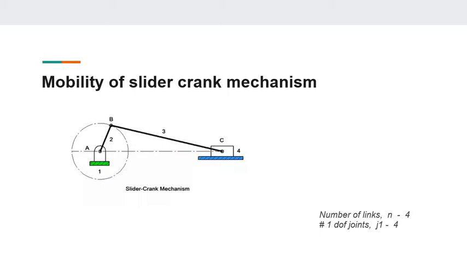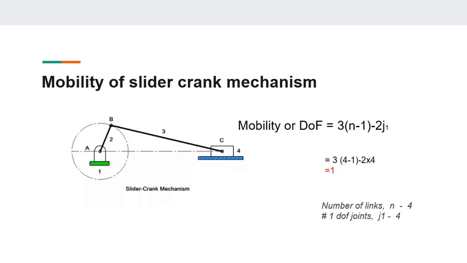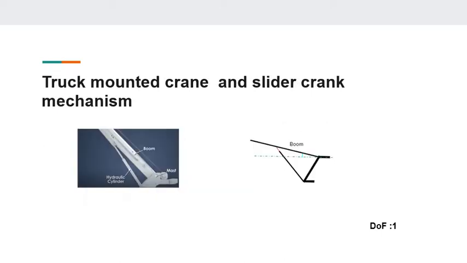So the n value and j1 value are equal to 4. So just like the 4-bar mechanism, the degrees of freedom of the slider crank mechanism is also 1. Note that the mechanism used in a truck mounted crane is just an inversion of the slider crank mechanism.